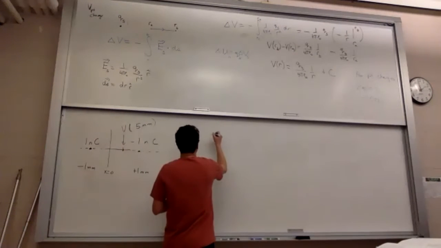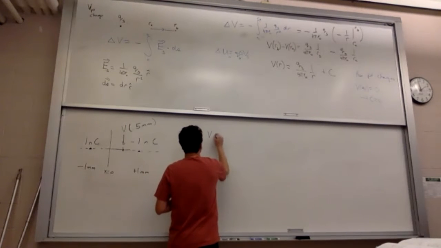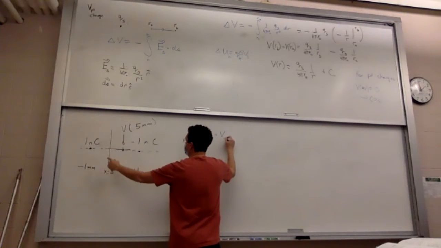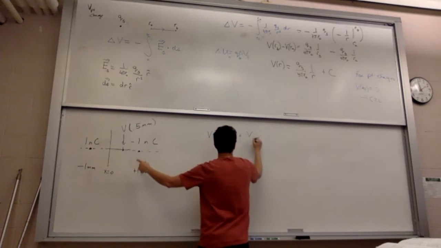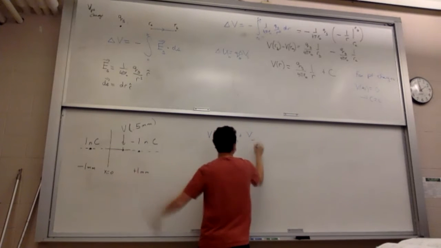I'm going to say that the potential is the potential coming from the positive charge, plus the potential coming from the negative charge.